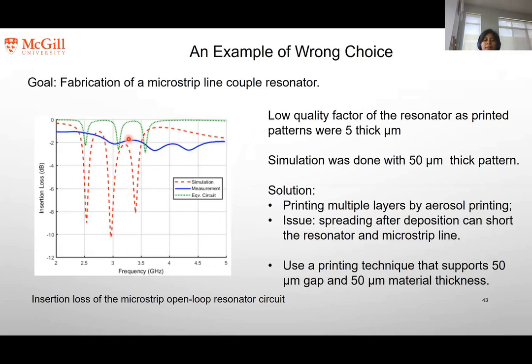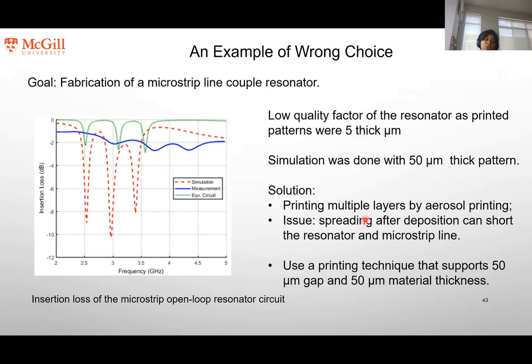The reason is that the simulation was optimized for a 50 micron thick pattern. But when we did the pattern with aerosol printing, the patterns were 5 micrometer thick. And as we lowered the thickness, it increased the loss and lowered the Q.